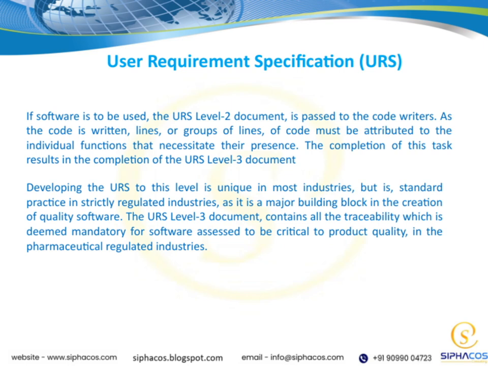When all these lines are properly attributed, it effectively completes the URS Level 3 document. So, in essence, the URS isn't just a static document. It's a living, traceable blueprint that guides the entire software development process, ensuring compliance and quality at every step.